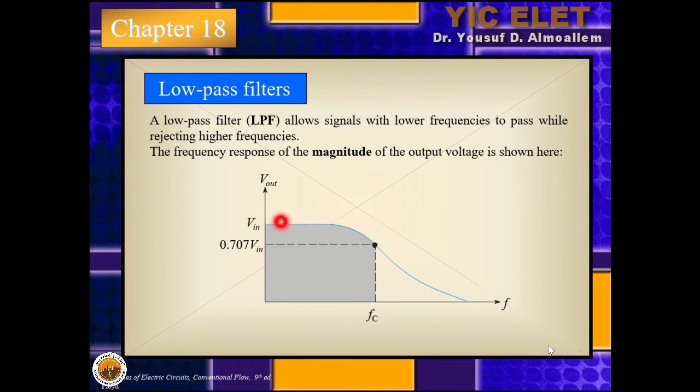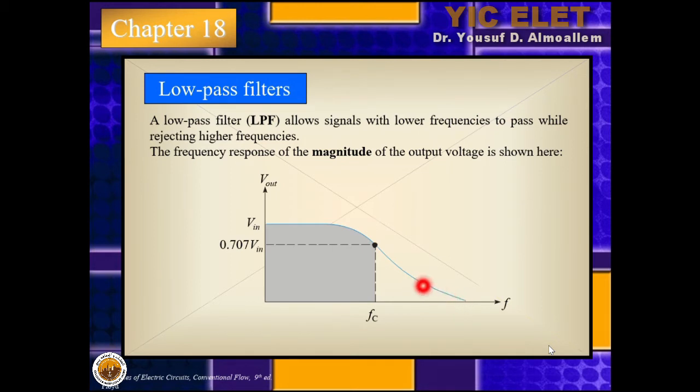So V out here is equal to V in at this range. As we increase the frequencies, at some certain point it will start decaying, it will go down. So as we can see here, at a certain range, this will go much lower than the V input.